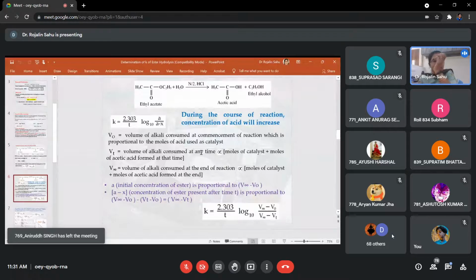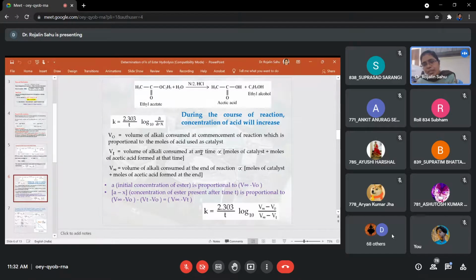And V infinity, when you are not quenching the reaction, you just let the reaction happen. You are not restricting it. When you use cold water, you are restricting the chemical reaction. When you use normal water, you are just allowing the reaction to consume as much alkali as it will.